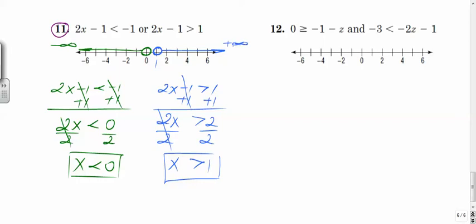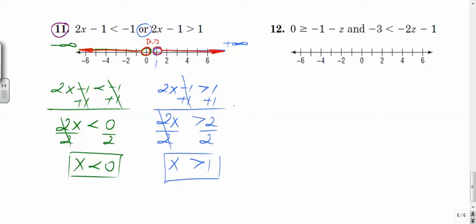Now, because you have a disjunction here that says "or", I need to use everything from both inequalities, the solution set of both, the union of that. As you notice, the only thing missing here will be the interval from 0 to 1.